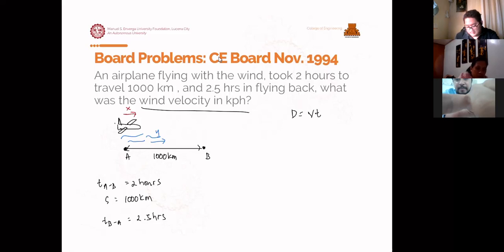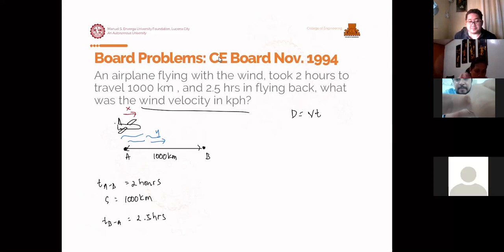What is common between point A to point B and B to point A? They have the same distance.